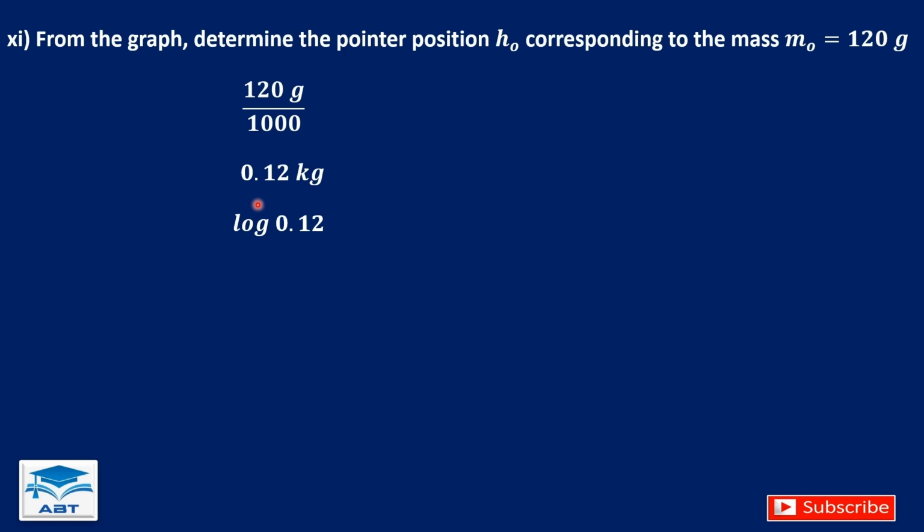And let's find log M. That will be log 0.12, which gives negative 0.92. And let's change it to standard form by moving this point 1, 2. So we have negative 92 times 10 exponent negative 2.